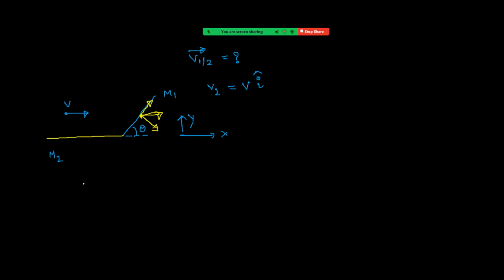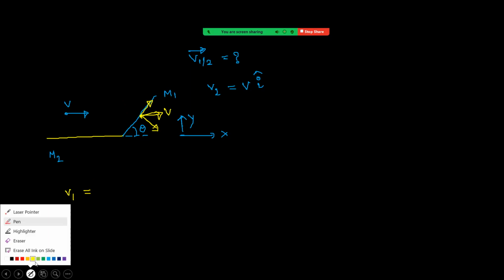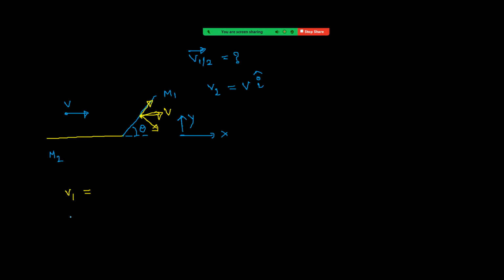Okay, I will write here V1 is equal to velocity of image by mirror 1. See, this is the normal component. This is v, and we can see here this angle is theta. So parallel component is v cos theta. Normal component is v sin theta. Okay, it is v sin theta. I am writing here, this is v sin theta.